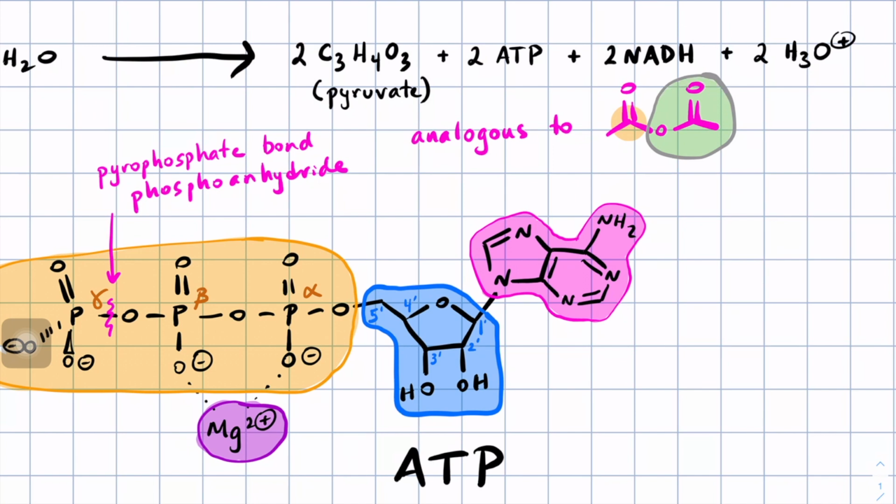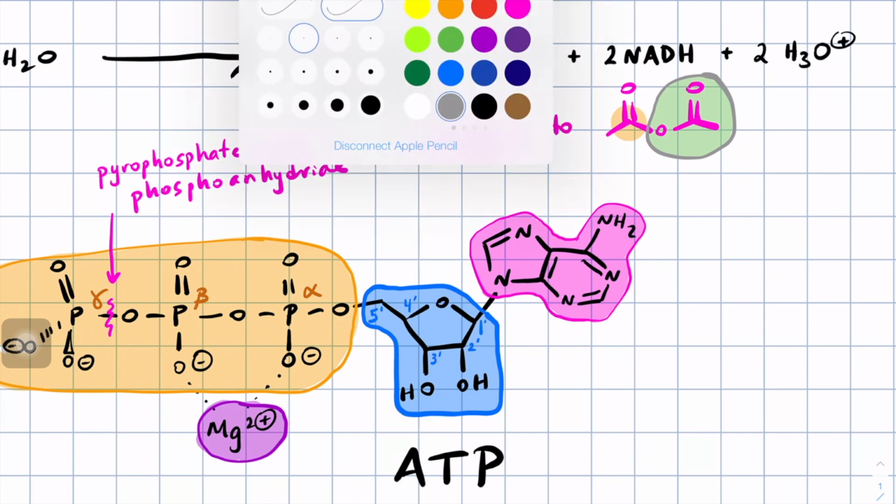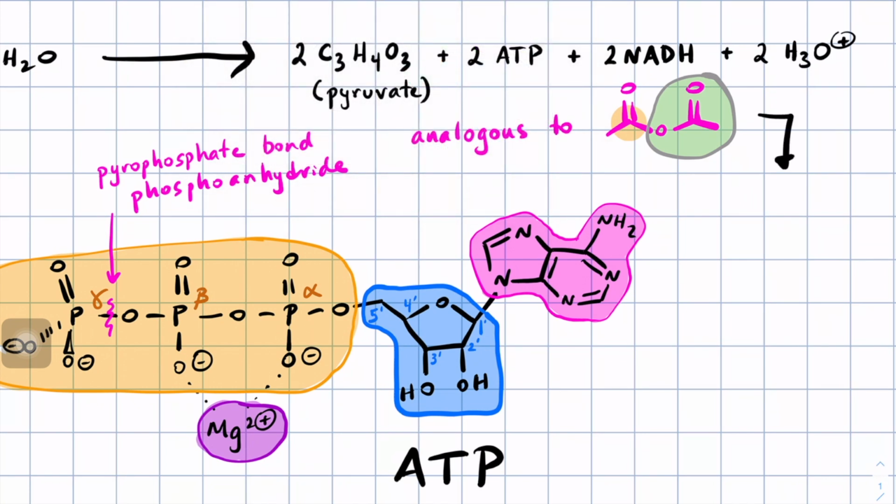You can tell that it's a decent leaving group because the conjugate acid of the acetate leaving group is acetic acid, which is a decently strong acid, pKa around 4. All right, so we saw previously that anhydrides could do substitution chemistry in the presence of a nucleophile.